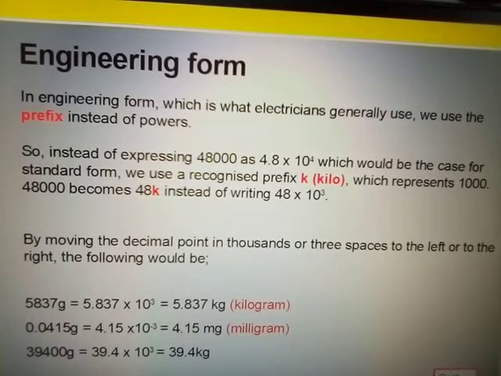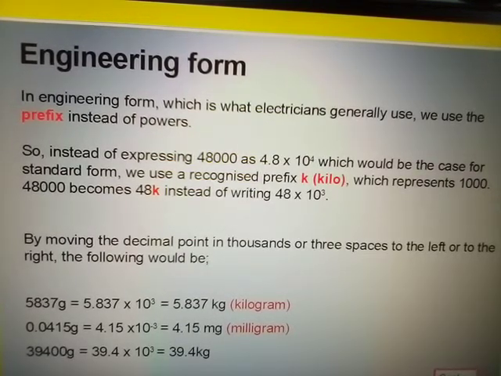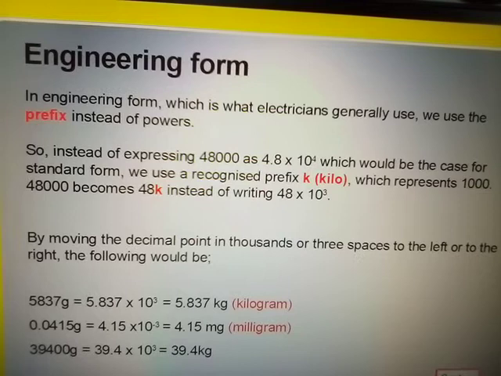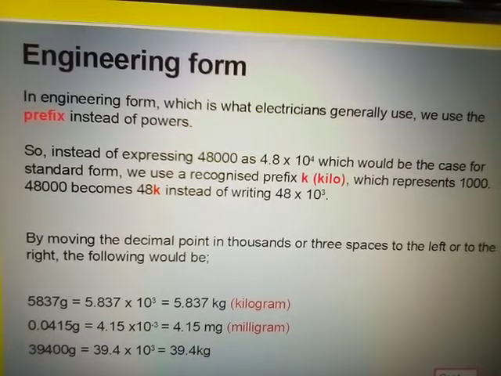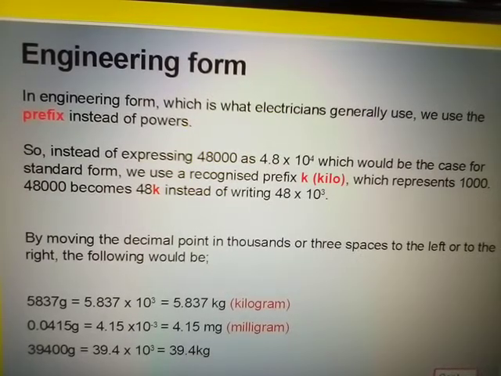By moving the decimal point in thousands, or 3 spaces to the left or to the right, the following would be: 5.837 grams equals 5.837 times 10 to the 3, 5.837 kilograms. 0.0415 grams equals 4.15 times 10 to the minus 3 milligrams.